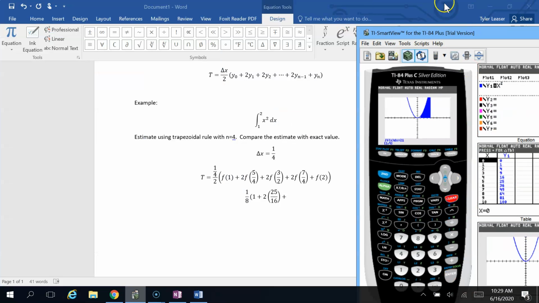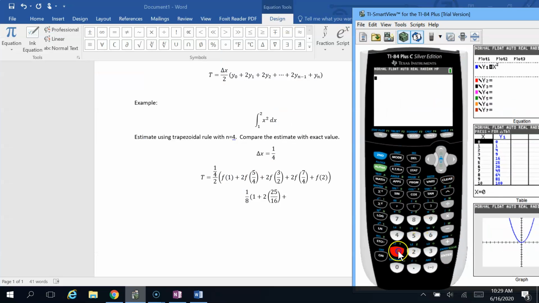Let's just do that. So what I would do is take that 1/8, and then multiply that by a bunch of stuff. Plugging 1 in, I get 1. Plus 2 times plugging 5/4 in, which is 5/4 squared. Plus the next one, 2 times 3/2 all squared. Plus the next one, 2 times 7/4 all squared.